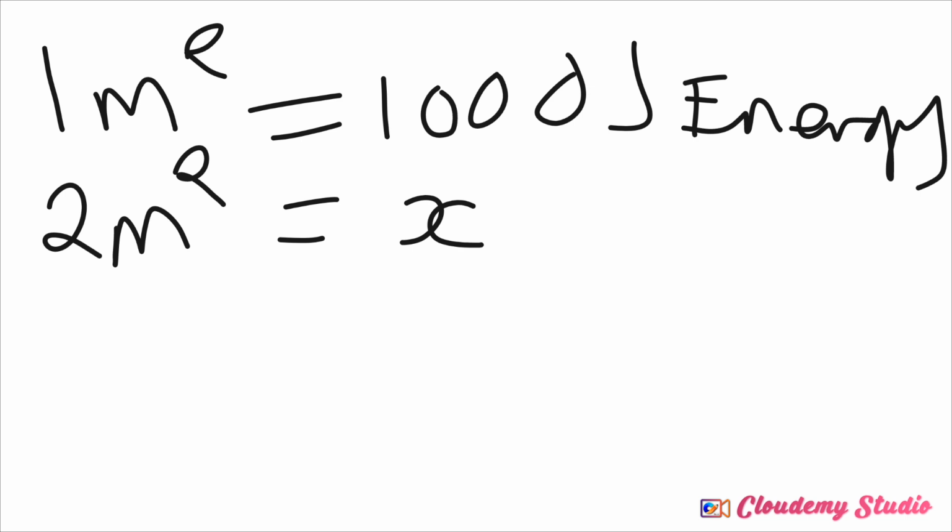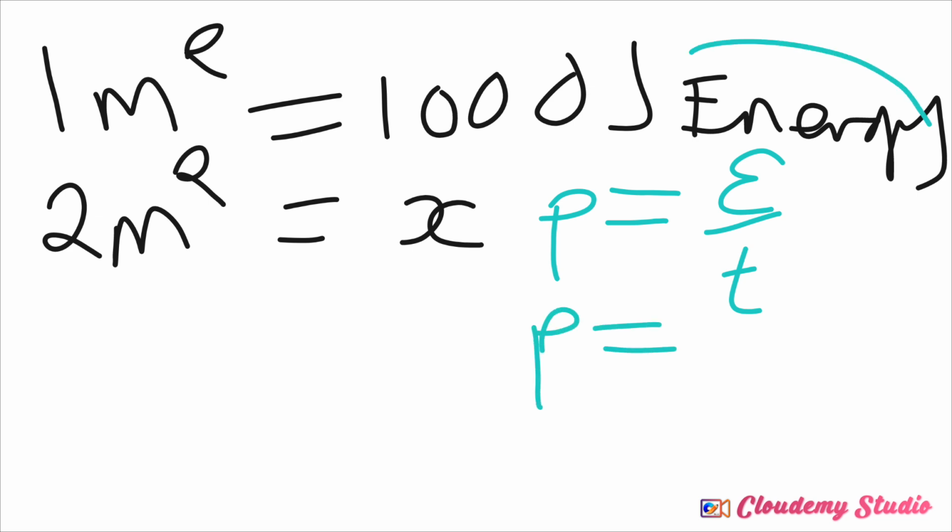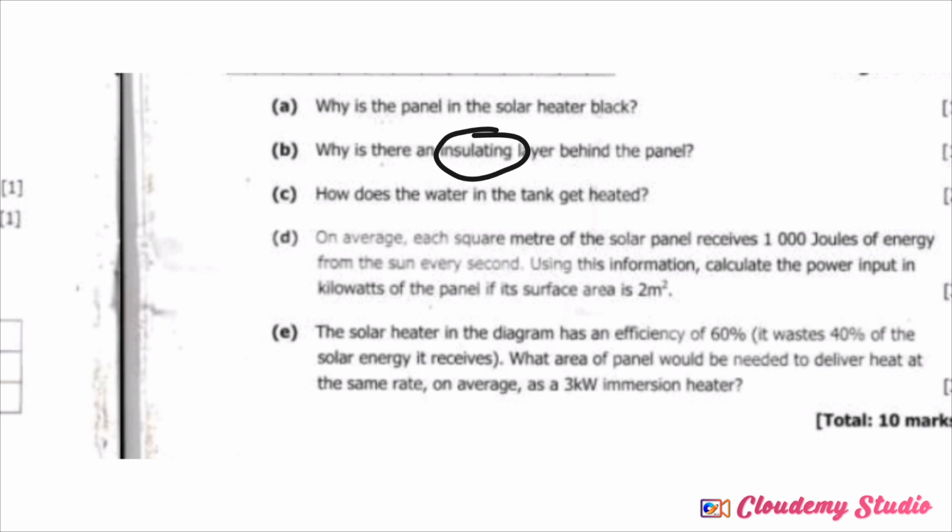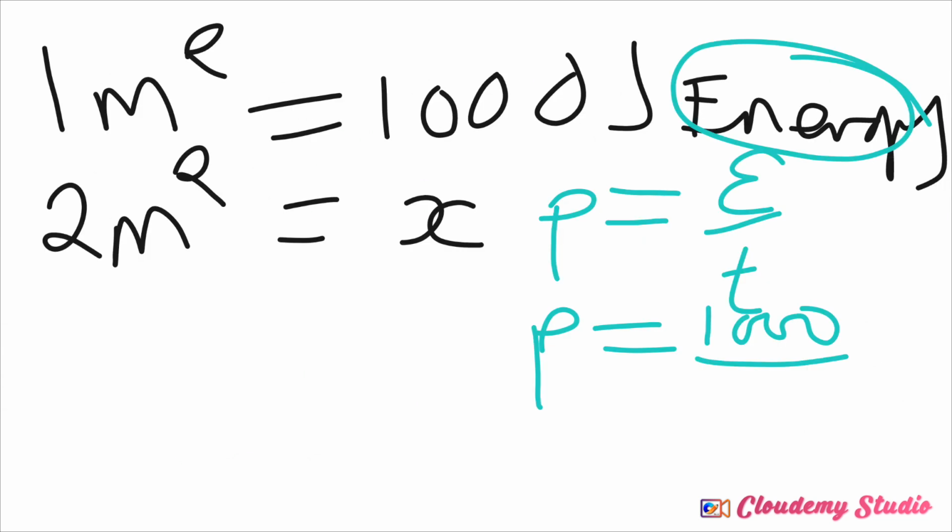One thing you should know is that power has a formula: power is equal to energy over time. The energy is already given, 1000 joules. Has the time been given? Others might say no, but the time is given. This energy is received every second, meaning time is 1 second.